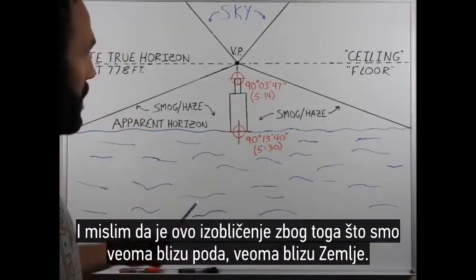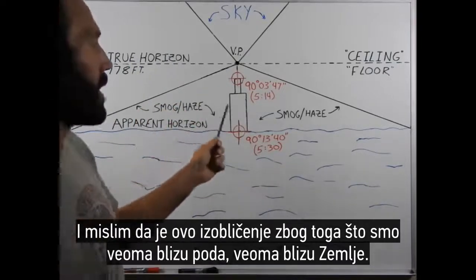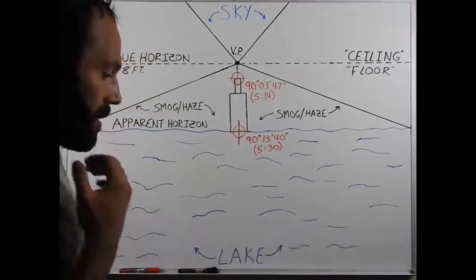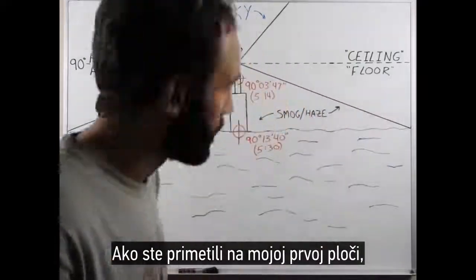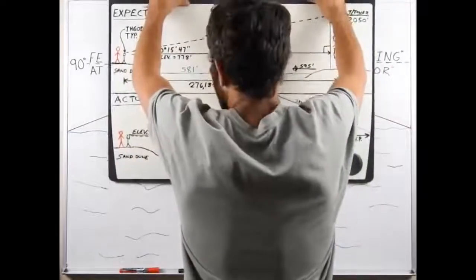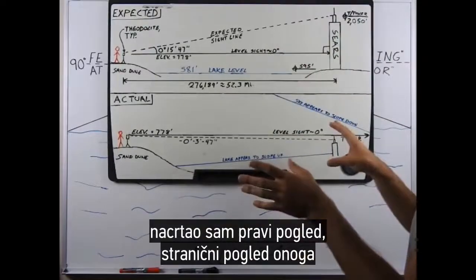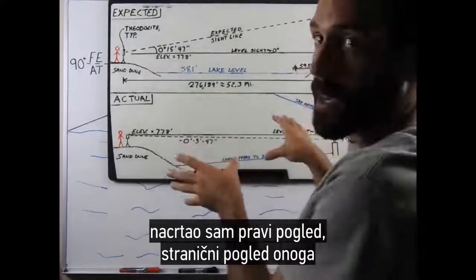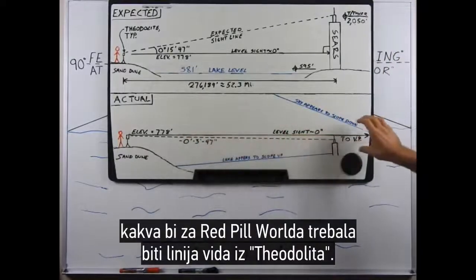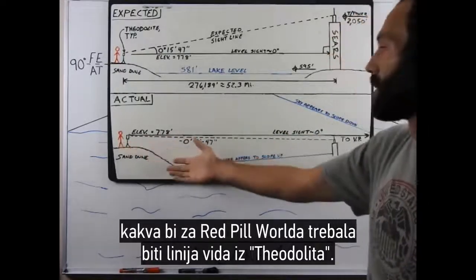And I think that this distortion effect is due to the fact that we're so close to the floor, so close to the earth. If you noticed on the first board I had up here, I drew an actual side view of the perceived effect, the line of sight from the theodolite, for Red Pill World.